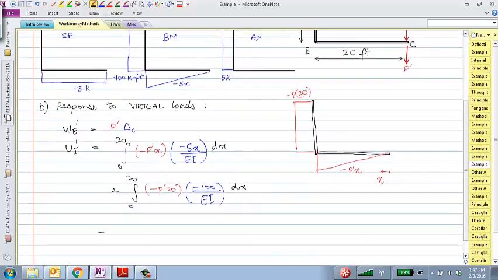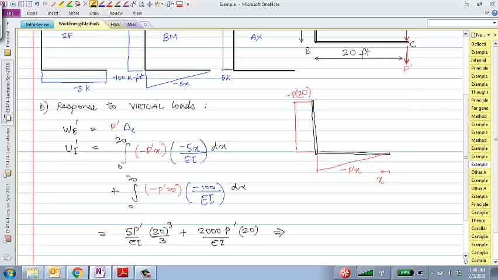If we calculate that out, the first term turns out to be 5P prime over EI. So we have x squared left in there, becomes L cubed over 3. So that's 20 cubed over 3, plus we have 2000 P prime over EI, integral of x, that becomes simply 20.